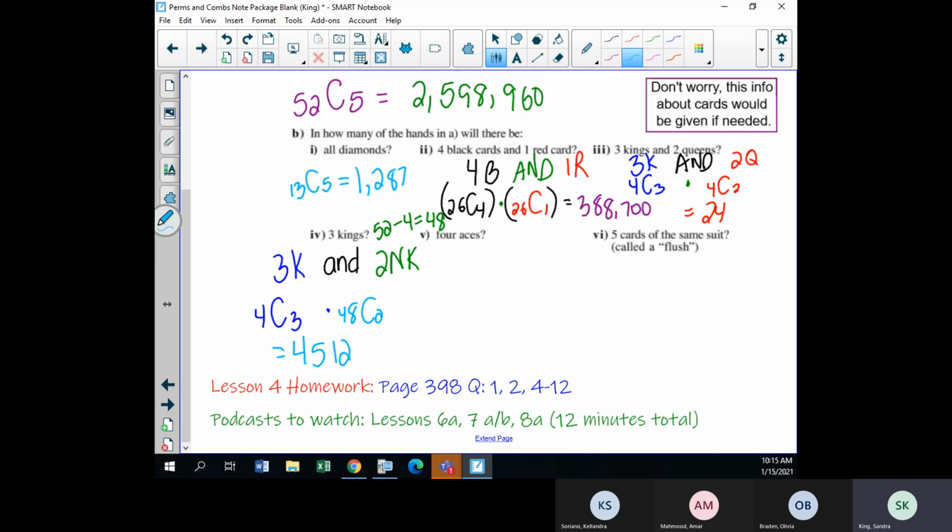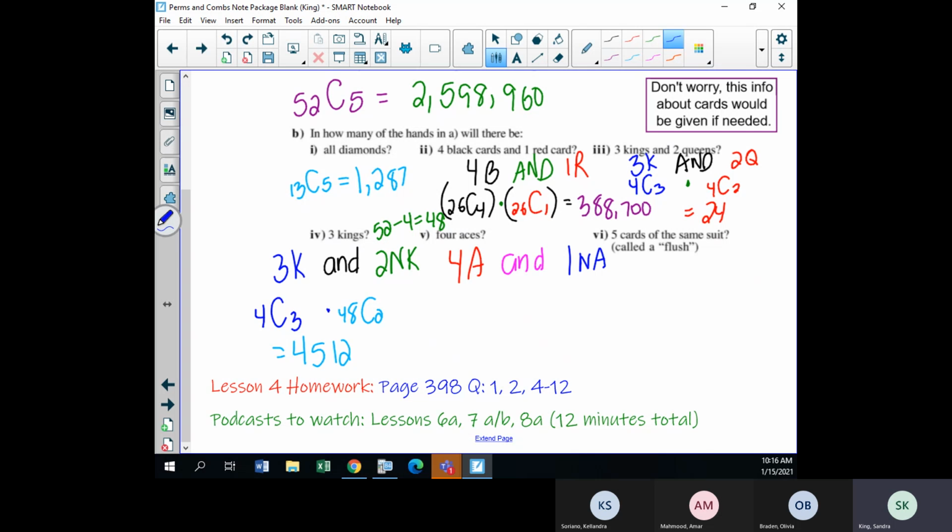Okay, 4 aces. How many possible hands can be drawn that would have 4 aces? So writing this in words, that means 4 aces and 1 non-ace. Right? If you're drawing 4 aces, that would be 4 aces and 1 non-ace.